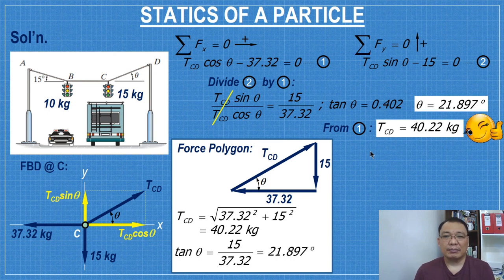But it is suggested to use the force polygon only if there are three forces, so that the polygon you get is a triangle. If more than three forces, a quadrilateral, sometimes it is difficult to use compared to the other one.